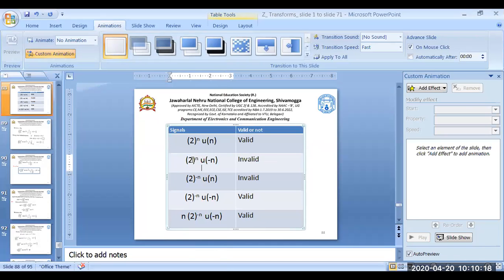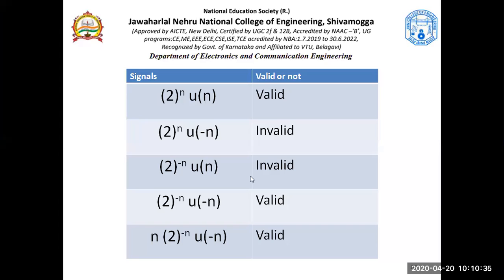Soon after you make this 1 by 2, this would become minus n. And I'm not changing the given equation. How am I not changing the equation? I've done 1 by 2 to the power minus n, and if you again invert that, it would again become 2 power n. So in that sense, we have not changed the given signal. Fine. So we can make this as minus n by making this 1 by 2.